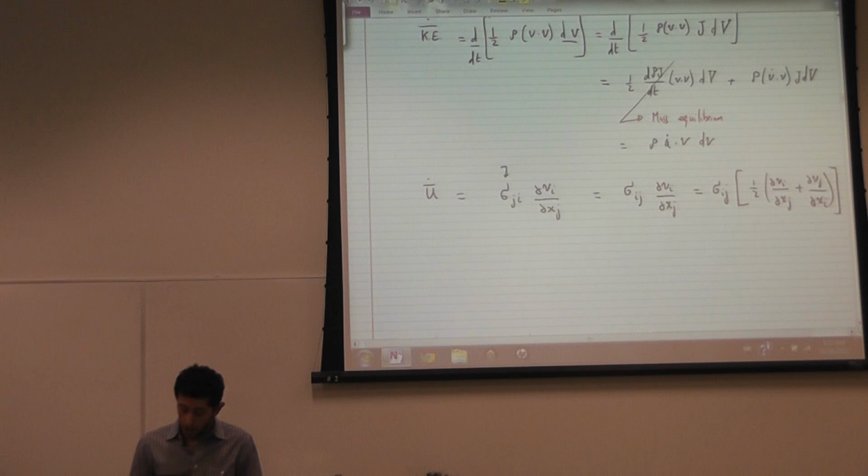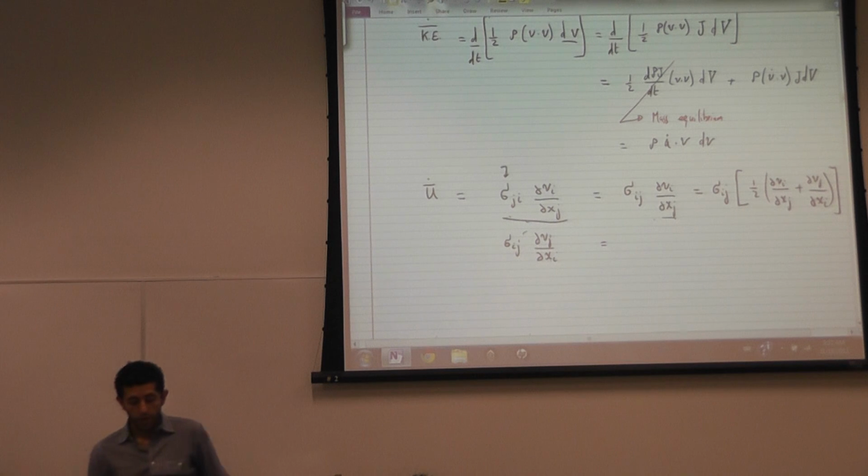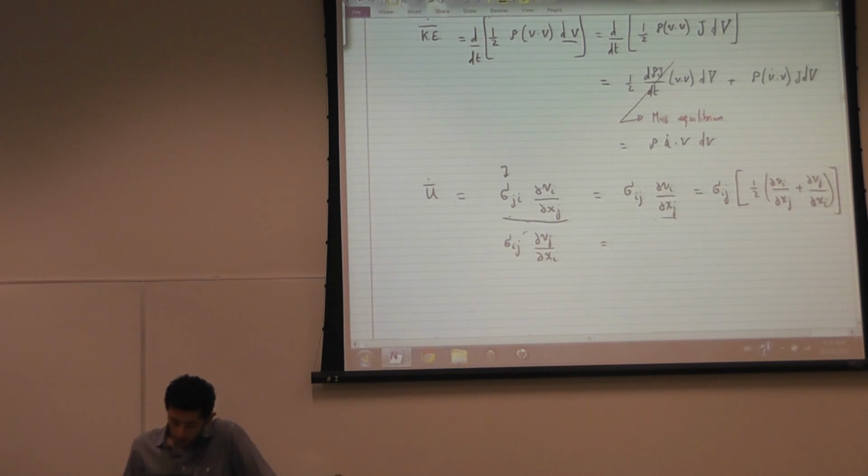Because the stress is symmetric, I can take the symmetric component of that, or because these two are the same, I can replace this side with sigma ij, partial Vj by partial xi. And so all those three are equal.